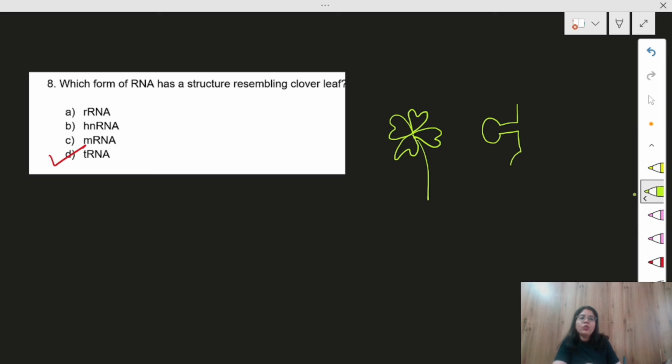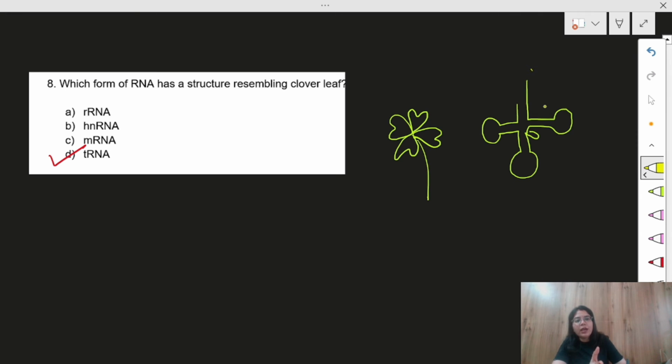If you check the 2D structure, it has 4 arms like this, like 4 leaves. So it is given this name, and at this end the amino acid is attached. This is the 5 prime end, this is the 3 prime end. So it is clover leaf shaped in 2D.